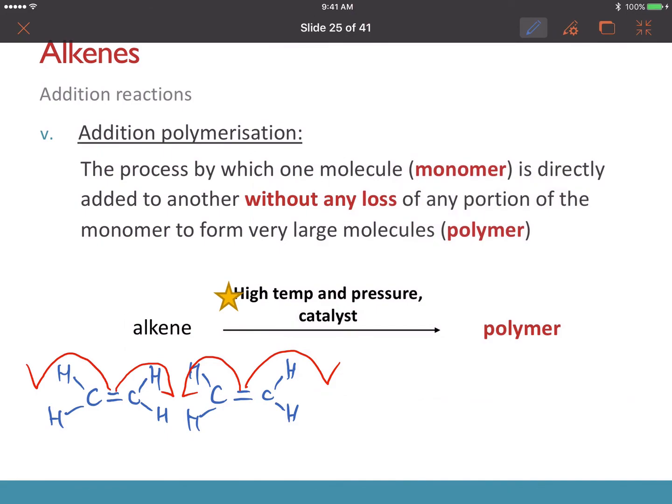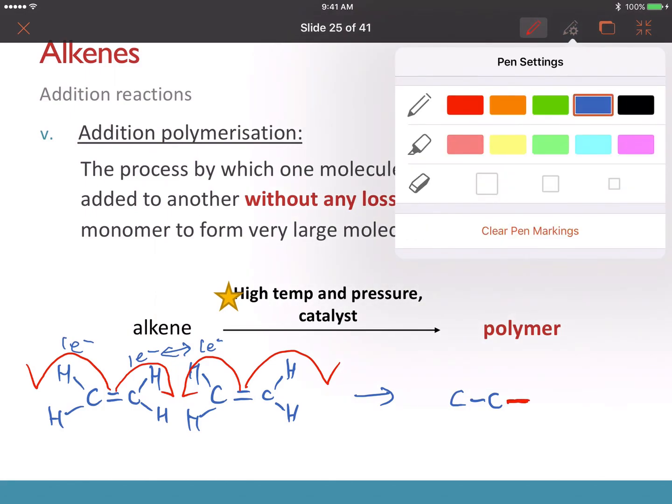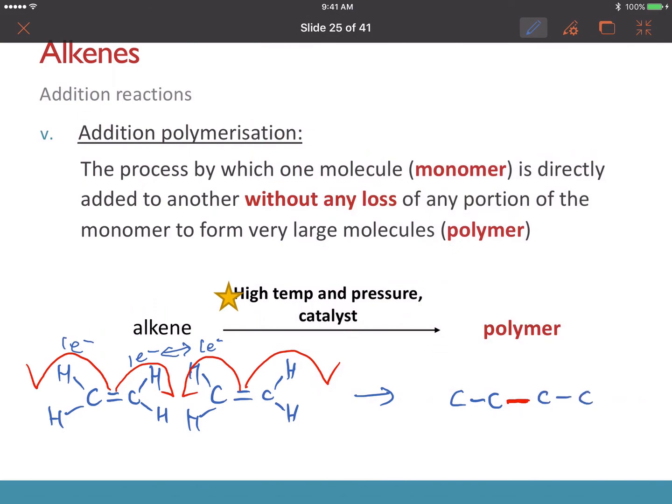Let's say there's another one. Then we can form something like this. See? Now it's a single bond because one pair of electrons has shifted away. One electron moves to the right hand side, one electron moves to the left hand side. So note that these two electrons will combine together to form one single bond between the two carbons.